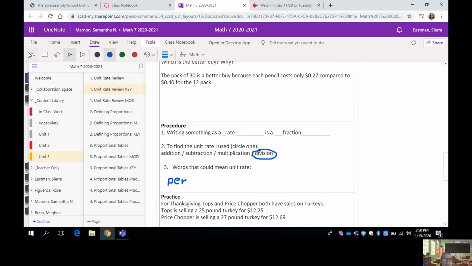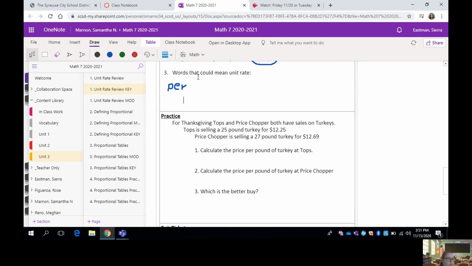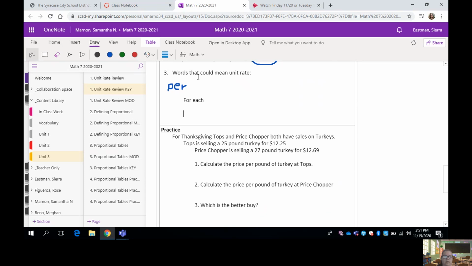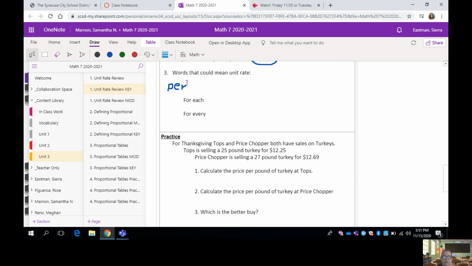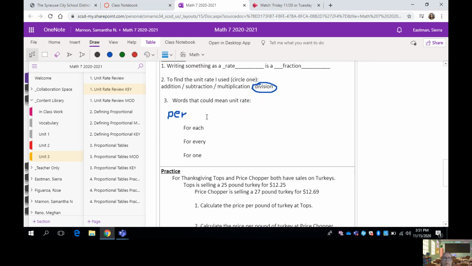We know the words for each, or they could say for every. So for each pencil, for every pencil, it costs this. For one pencil, these are all the same thing. That means unit rate.